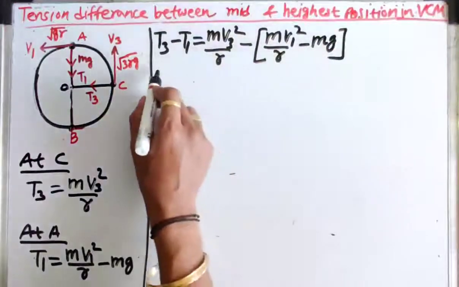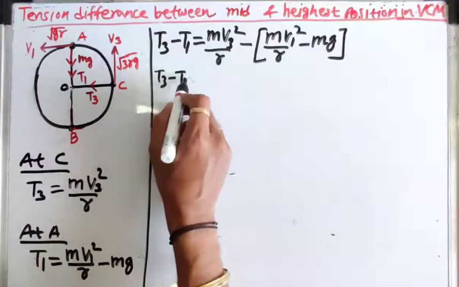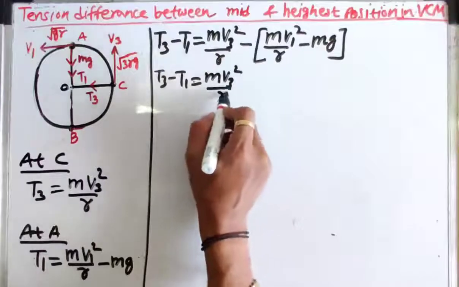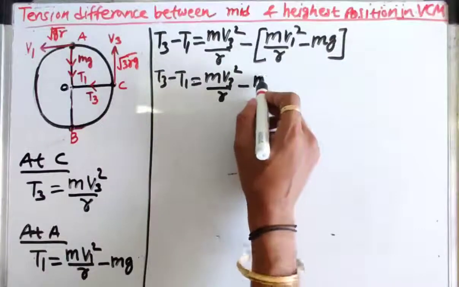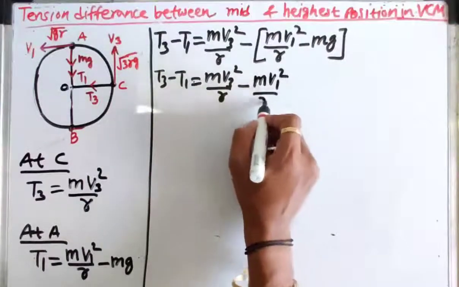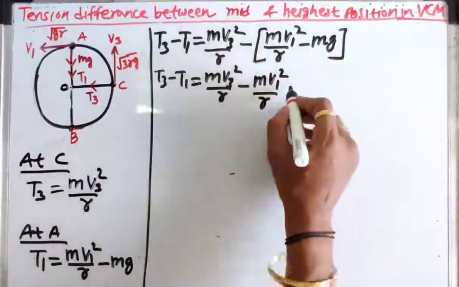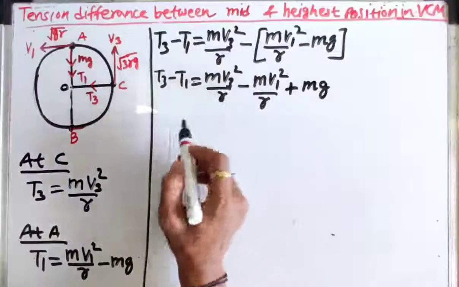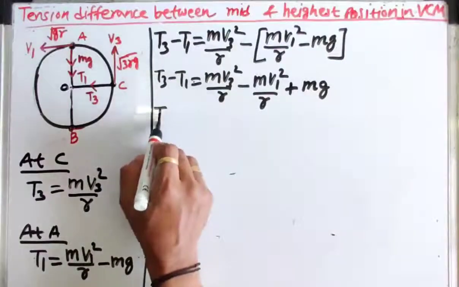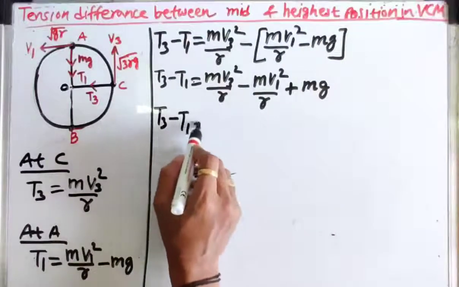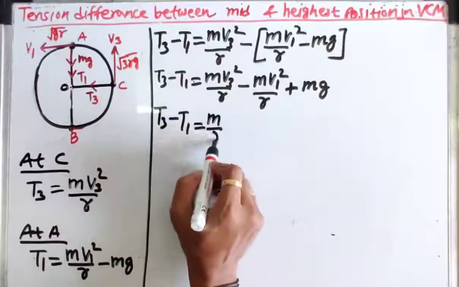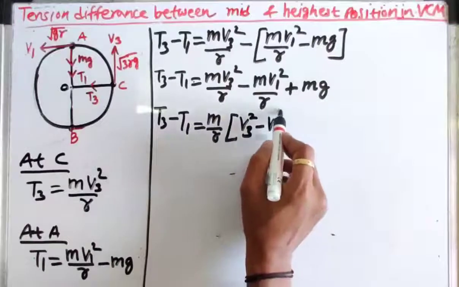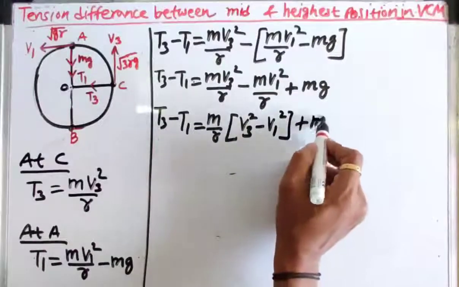Now we open this bracket, therefore T3 minus T1 is equal to mv3 square upon r minus mv1 square upon r, minus minus becomes plus mg. Now we can take out m by r common from these two terms, so T3 minus T1 is equal to m by r into bracket v3 square minus v1 square, plus mg.